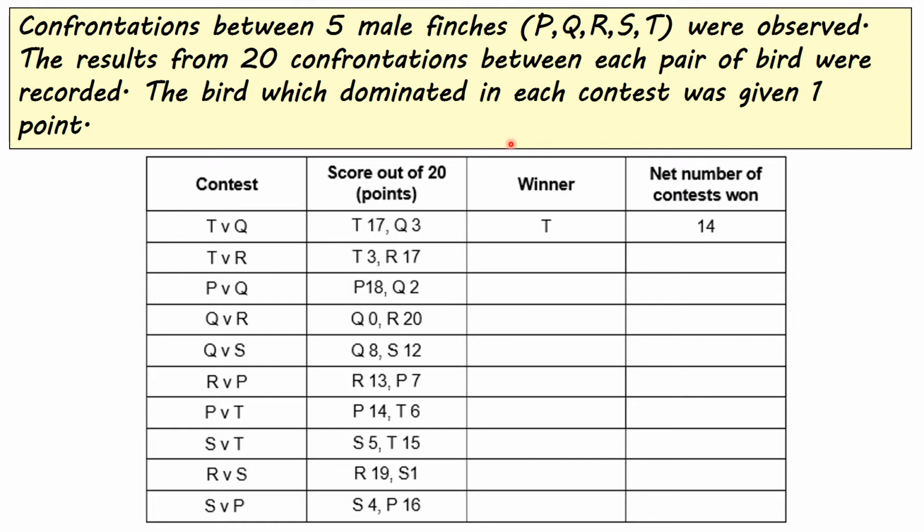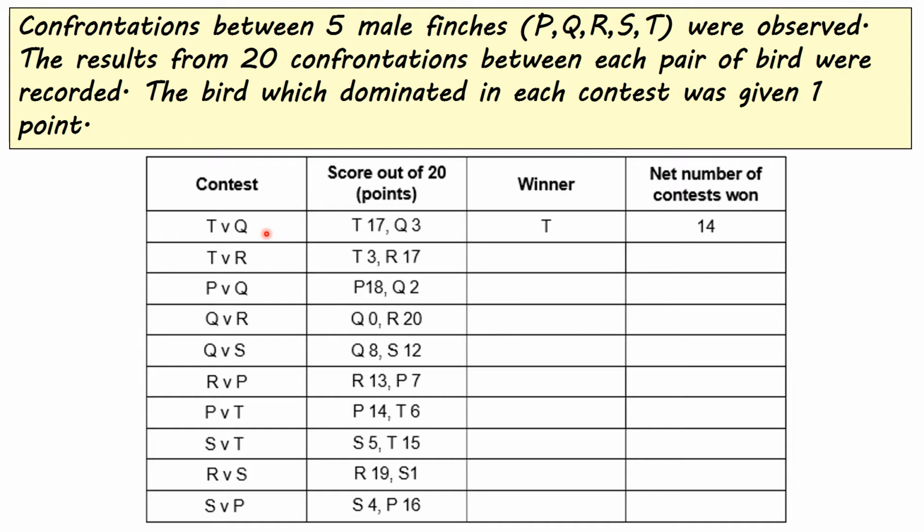So these 5 birds were observed, and they're all male, and there were 20 confrontations between them. Quite often they'll just face up to each other. With most animals, it might not actually get to the fighting stage. One of them will back off eventually. And what you've got is the score out of 20 points in the contest.